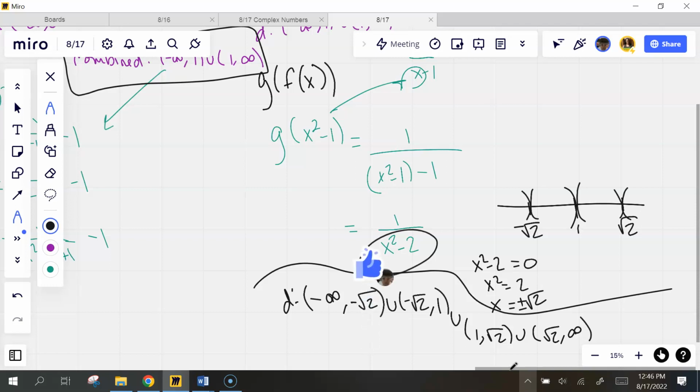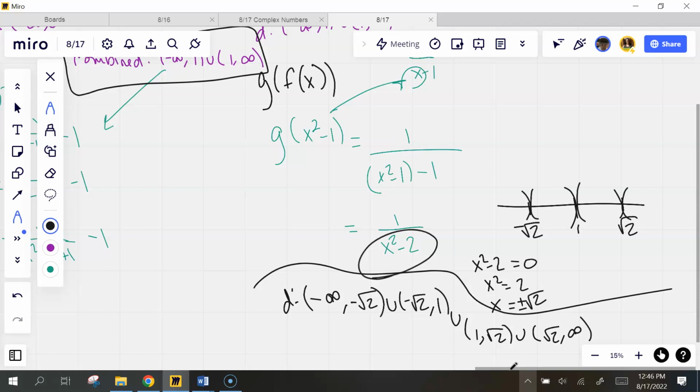But what if it included the negative, like if it was already under the radical, if x squared minus 2 was under the radical, and you solved that?